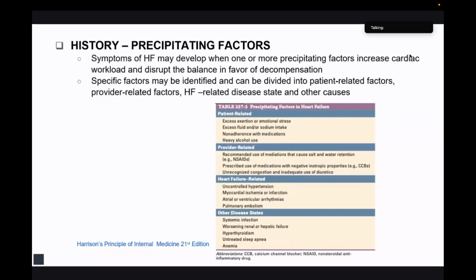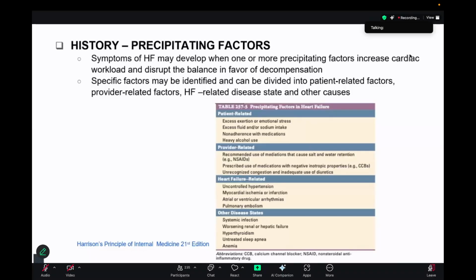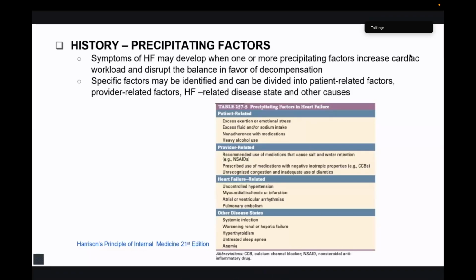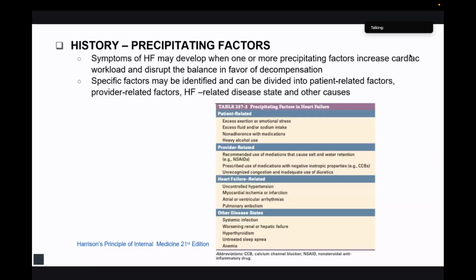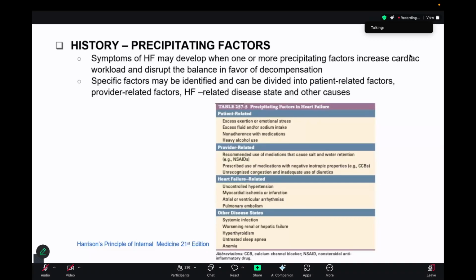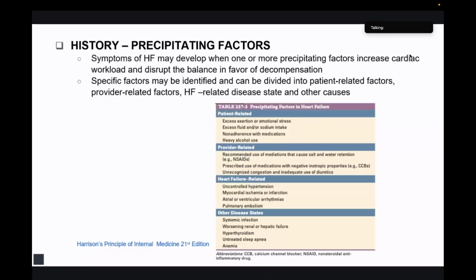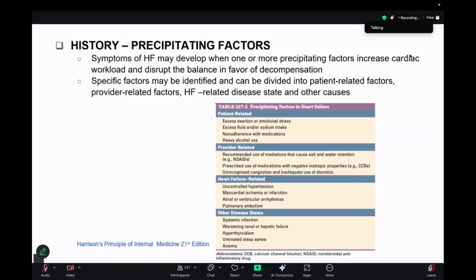Or heart failure patients can be given medications which help retain salt and water, such as NSAIDs, or they've been prescribed medications which have a negative inotropic property, so these are provider-related precipitating factors. Or patients may have a sudden history of elevated BP, MI, arrhythmia, so these are heart failure-related precipitating factors. Or other disease states such as getting a systemic infection can worsen their heart failure.